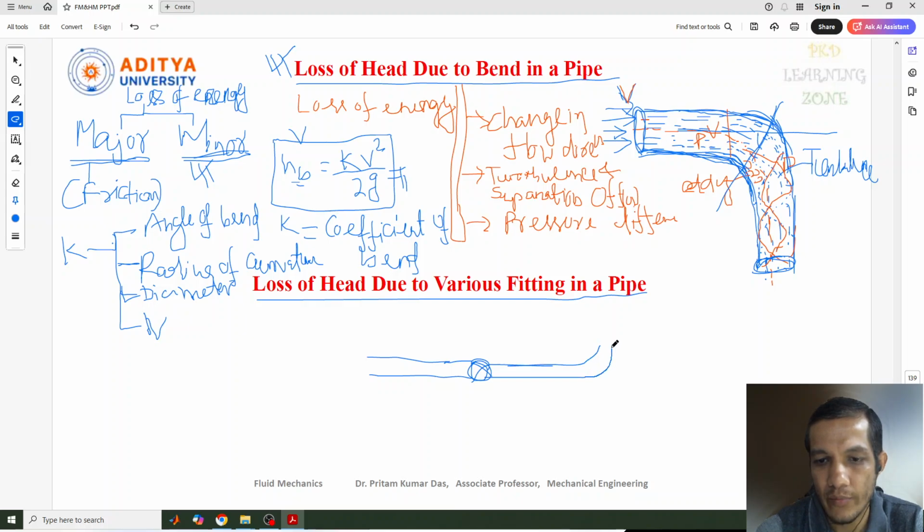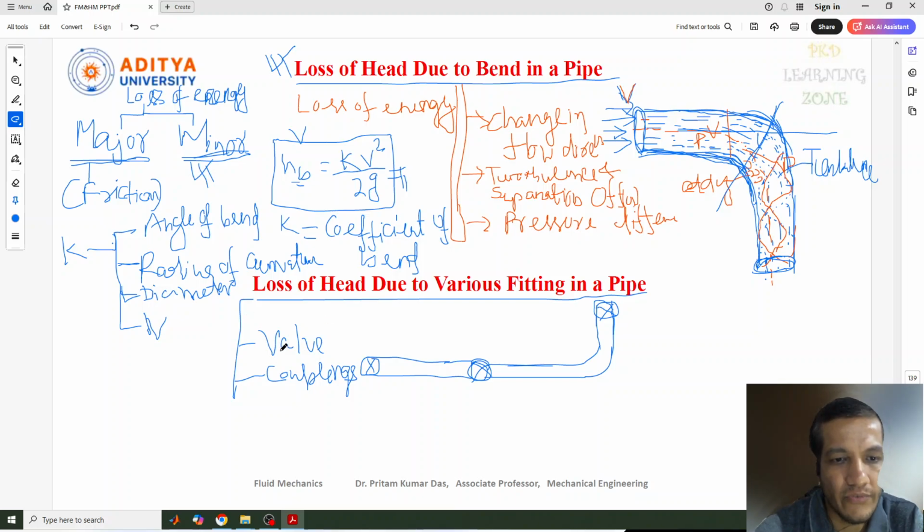There will be elbow fittings or valve fittings, and even an elbow comes under the bend. Here we can also connect valves, like an inlet valve and outlet valve, and sometimes couplings are also fitted. So what are the fittings? One is valve fittings, and there are joints due to elbow fittings and T fittings, which may come under the bend in the pipe. Couplings also come under various fittings.